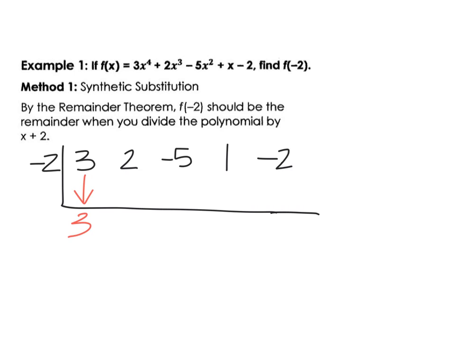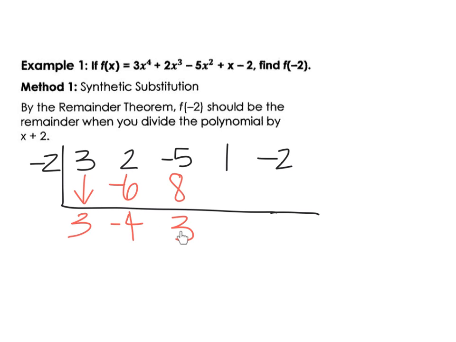Negative 2 times positive 3 gives us negative 6. 2 minus 6 gives us negative 4. Then negative 2 times negative 4 is going to give us positive 8. Negative 5 plus 8 is going to give us positive 3.